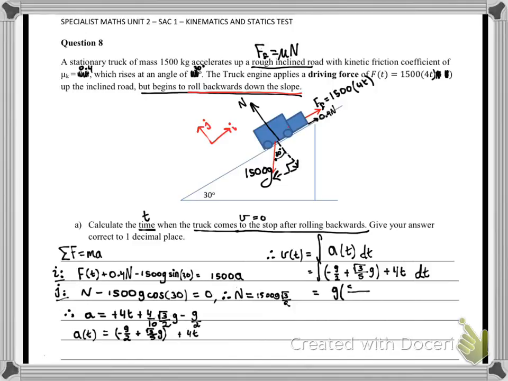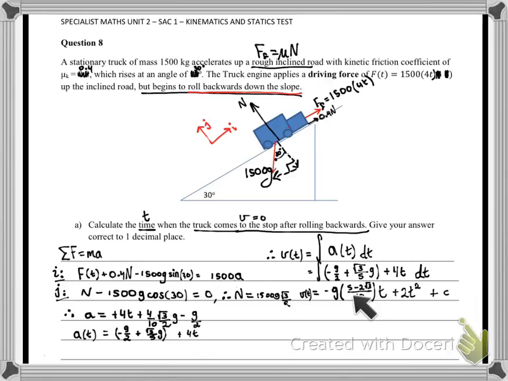All the constant part of the function in brackets is lumped together, and you just treat that as a constant. When we take the antiderivative of a constant, we get the constant times t. Now the antiderivative of 4t goes to 2t squared. And don't forget that plus c, very important.